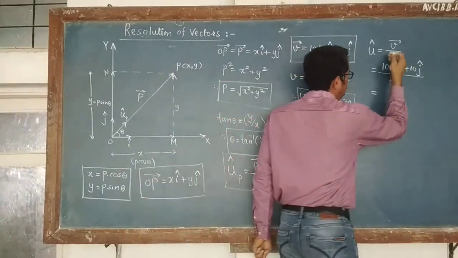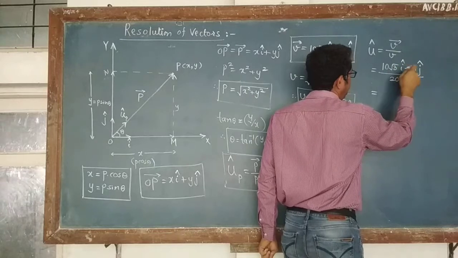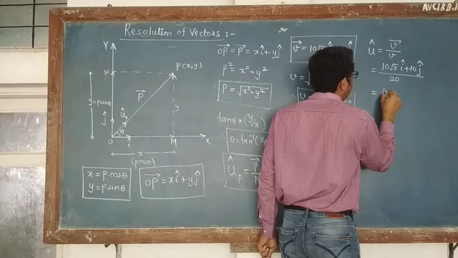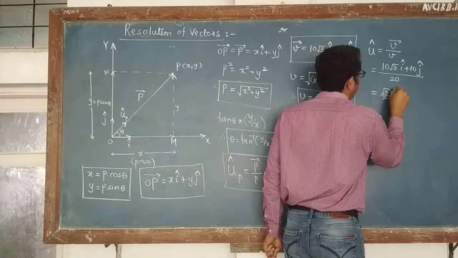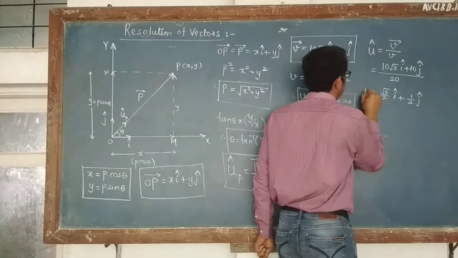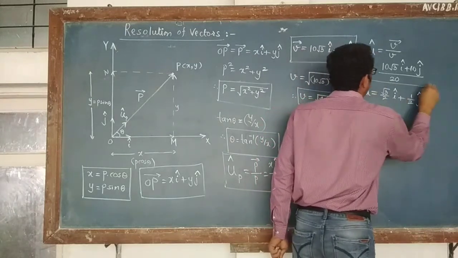If I separate, it will be 10 root 3 upon 20 i cap plus 10 upon 20 j cap. So it automatically becomes root 3 by 2 i cap plus 1 by 2 j cap. So that becomes your unit vector along this vector as well.